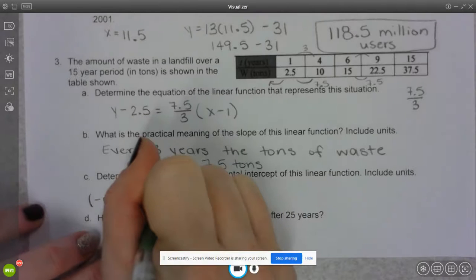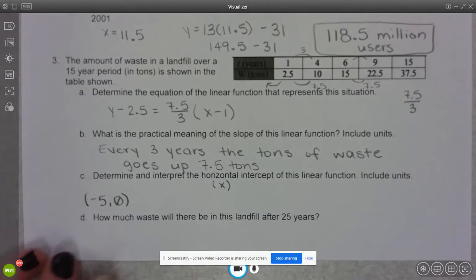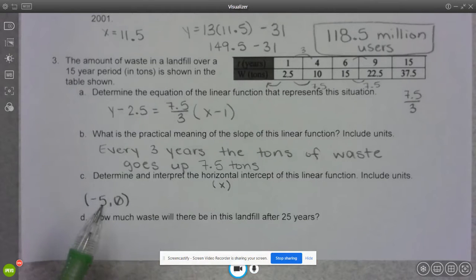So that means really and truly when this landfill had 0 tons of waste was 5 years before the landfill opened. Or 5 years before they started measuring how much waste was in the landfill.